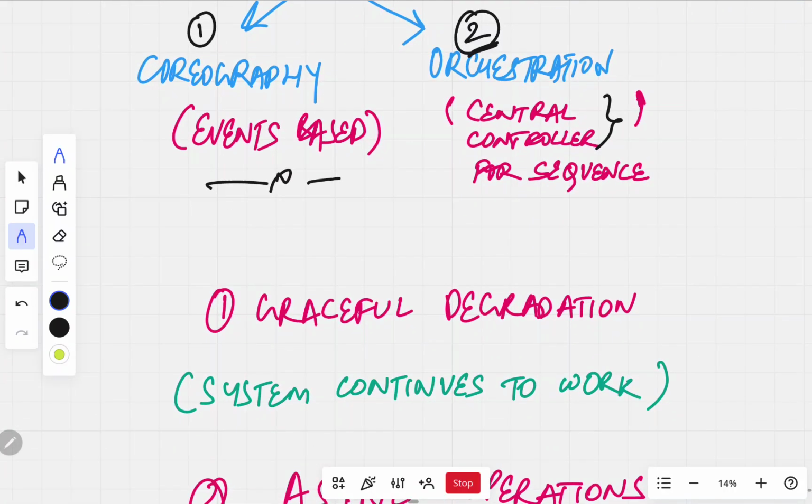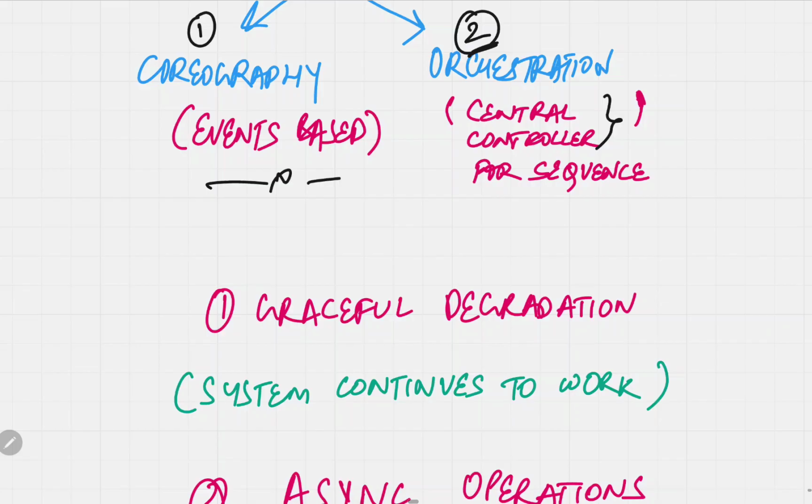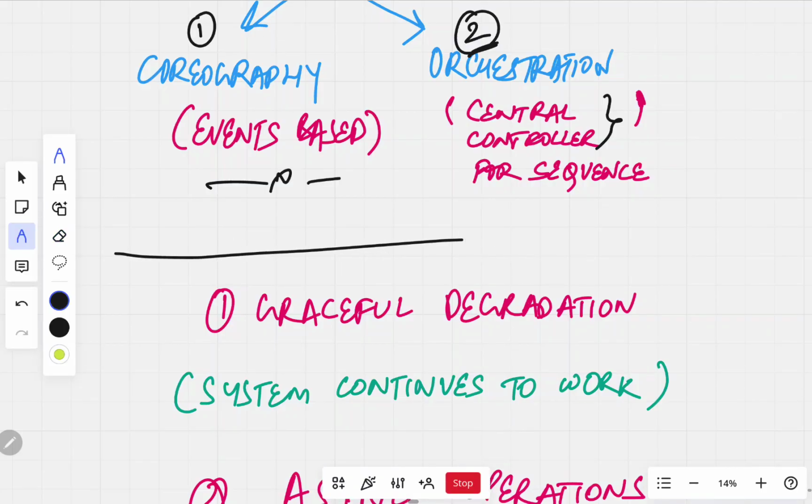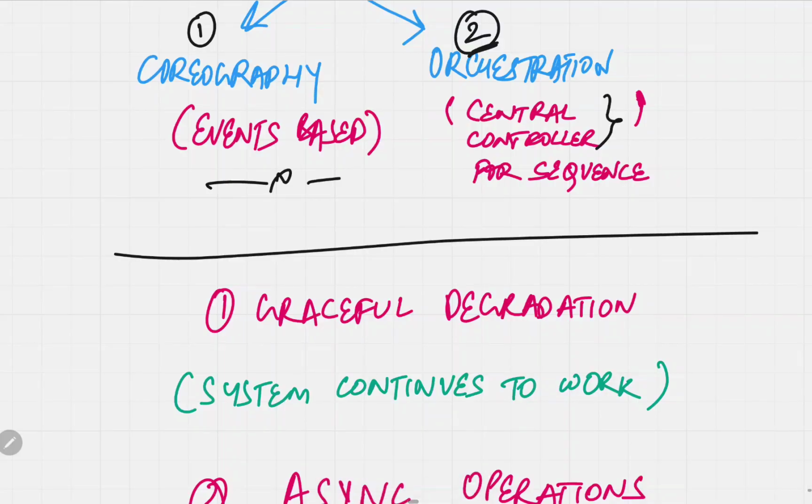Okay, so I told you about 3 patterns of what we can do. What we can do for the users apart from this, in terms of functionality, is think of graceful degradation. We will continue to work. We can just say, hello, our payment system is facing some issues, please come back after some time.